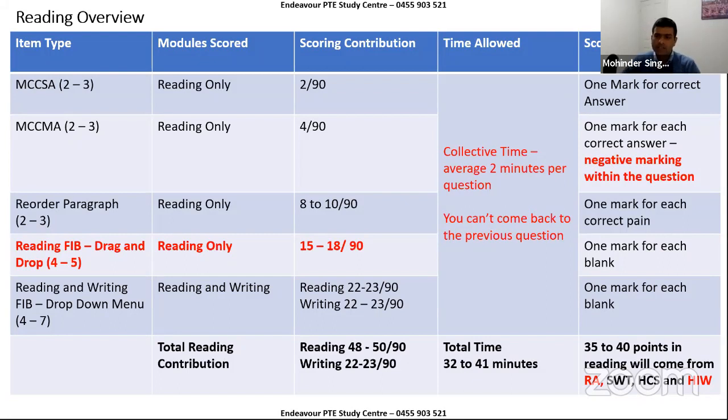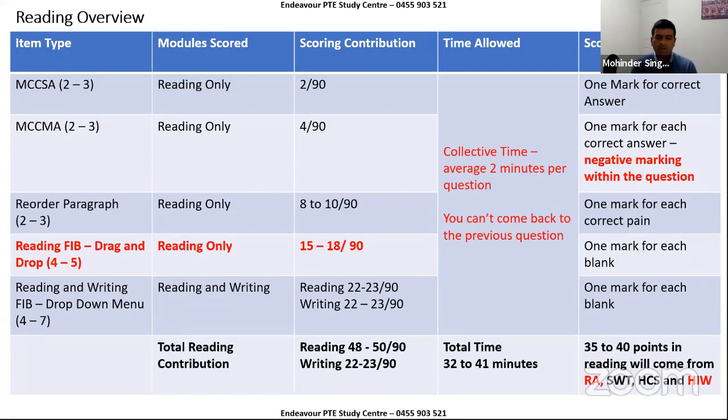Are we all aware of this? So, yes. For the people who are going for, say, 65 each, if you are able to get 35 from the reading module's 48 to 50 points, and you are able to manage another 30 coming from the other modules, then you can get 65 each.